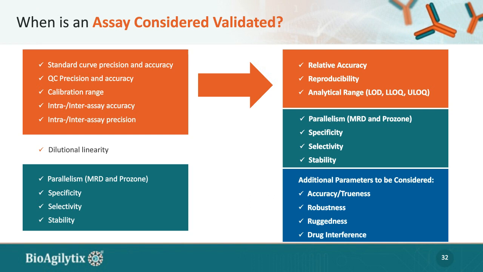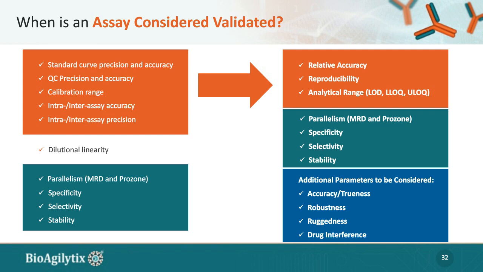Please note that, aside from reproducibility, sensitivity, or the lower limit of quantification, parallelism is one of the top 3, at least in my book, parameters that you have to establish and evaluate to actually have a decent assay, and to know enough about it to move it forward.